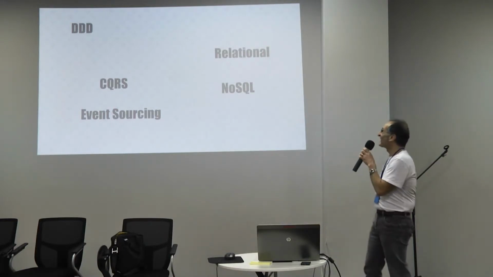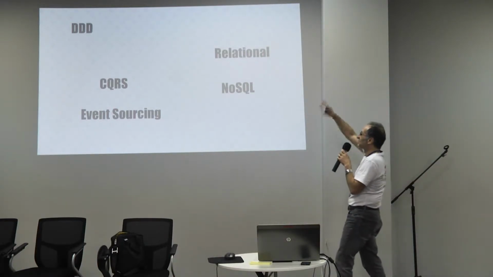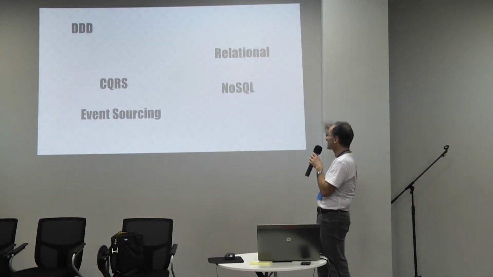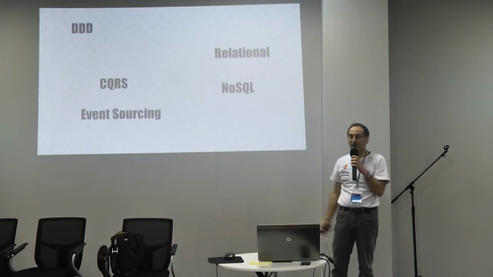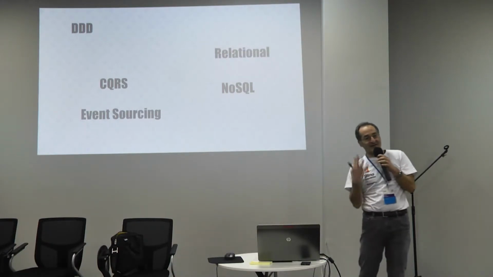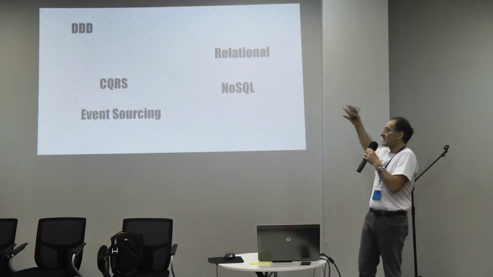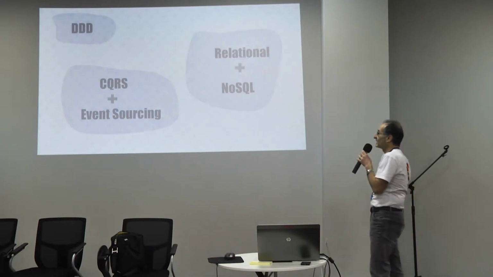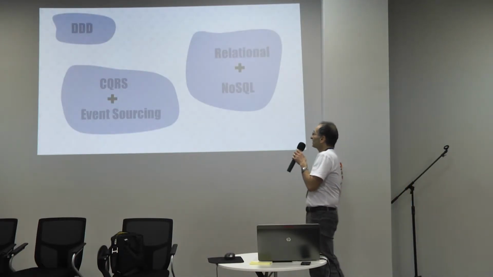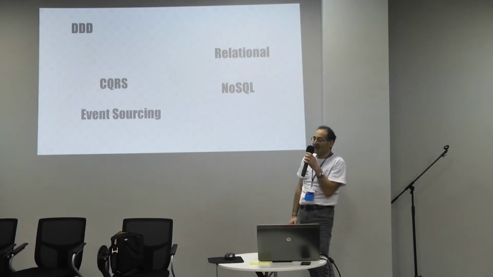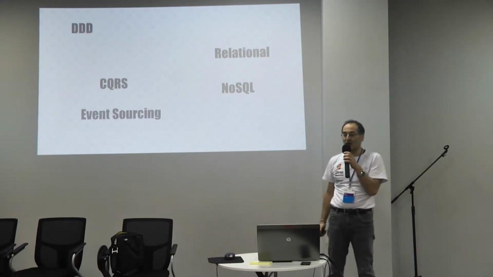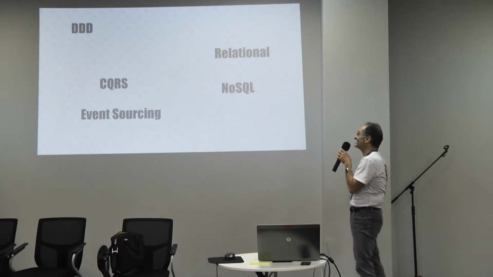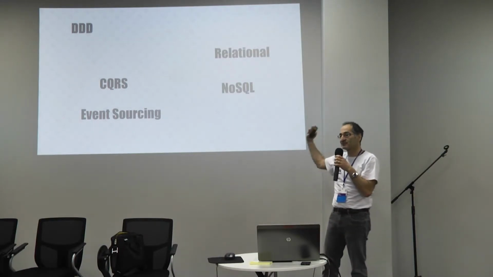Anyway, so there are a few weird words on screen: DDD, CQRS, and so on. The position they are on screen is not, of course, coincidental. But let's see what kind of graphics I'm going to build to give sense to those words in the position they are. Each of these terms, domain-driven design, CQRS, event sourcing, relational, NoSQL, they are buzzwords.